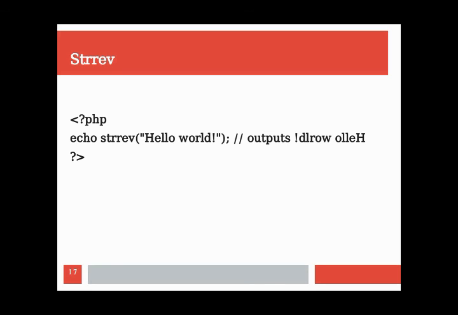Remember that it reverses the string. So the output is the exclamation mark first, then D, L, R, O, W, space. So here is the reverse of the word, then space, again O, L, L, E and capital H, the reverse of hello. In this way the whole string will be printed in reverse.